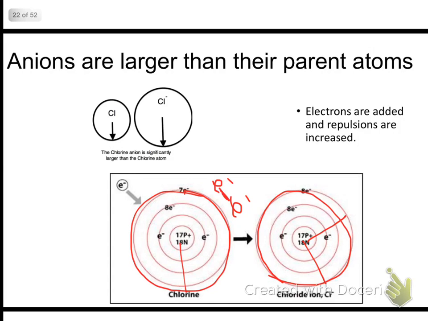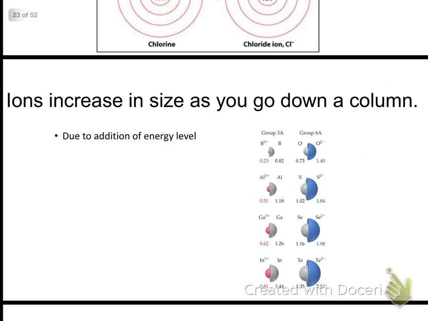And that's what's happening here. The more electrons I add, the more repulsion I have between them, and therefore the further apart they become. So as I become an anion, as I add electrons, I increase repulsions, and repulsions cause the atom to become bigger.